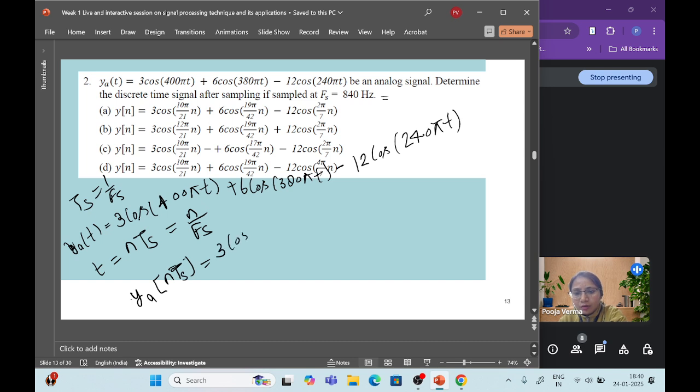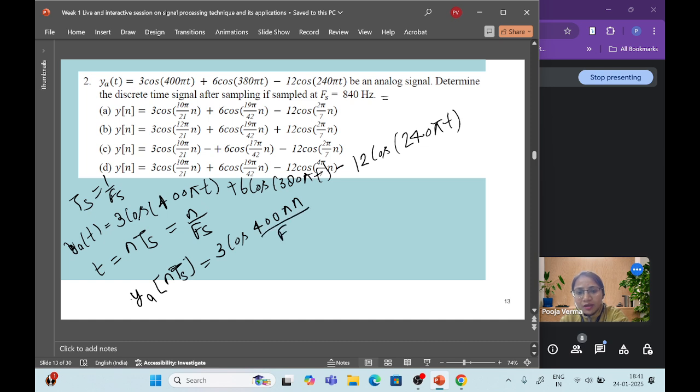3 cos, we can also write in terms of 2 pi n, or we can write it like this, only 400 pi in place of n by fs, right?